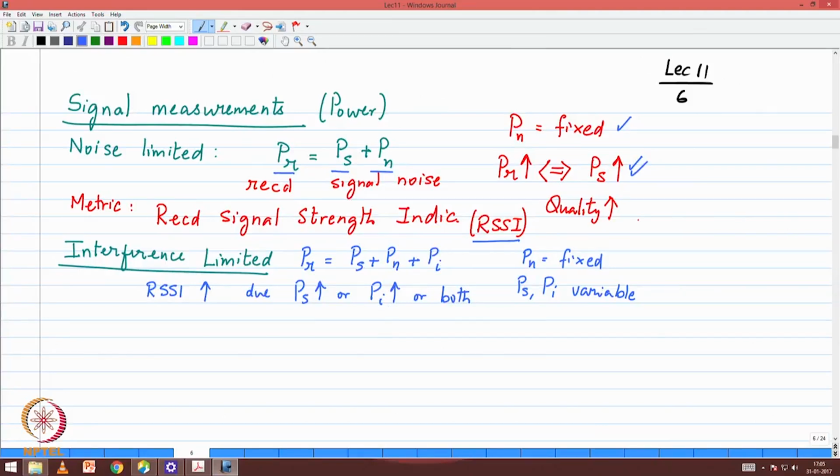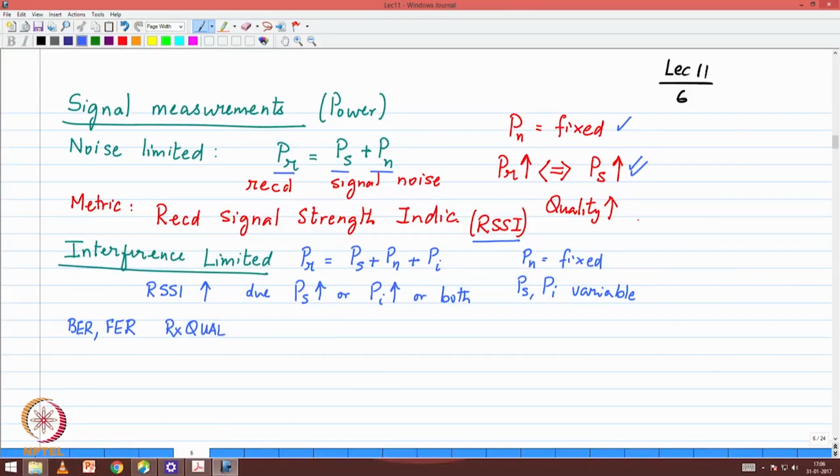Now how do I distinguish between these different scenarios? The only way we can do it is by looking at the bit error rate or the frame error rate. There are certain fields in which we can do those measurements, and looking at that we get a metric called RX qual, received signal quality.